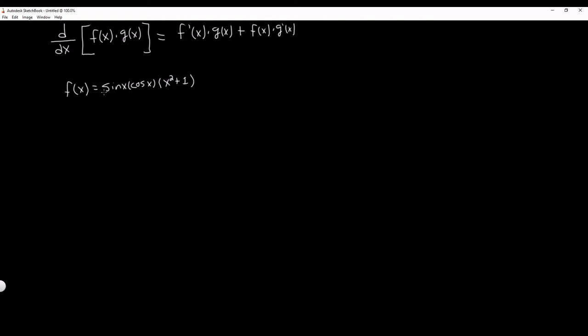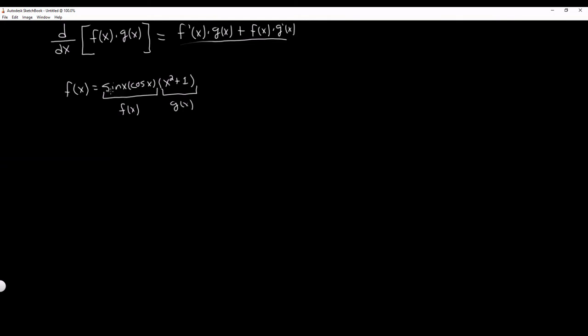So you could say this right here is your f of x, and this one right here is your g of x. So when you consider this one to be your f of x, and then you have to take the derivative of it, you're actually going to have to do the product rule inside the product rule. So if we take the derivative of sine x cosine x, we're going to have to do this product rule, and then we're going to have to do it for the rest of the function.